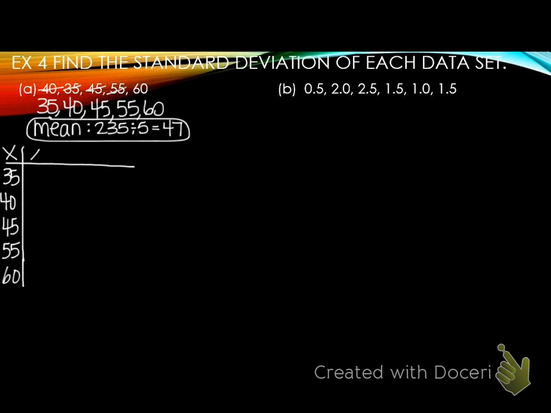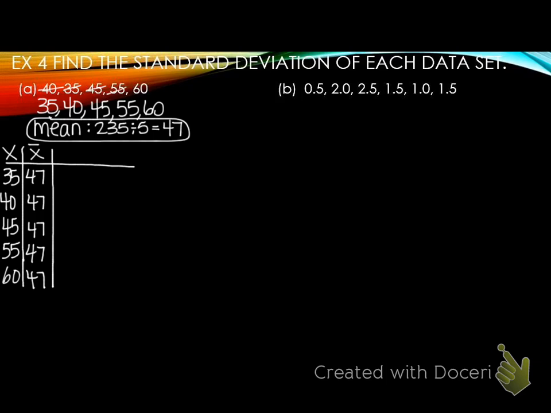Now the second row is going to read an x with a line over it, which stands for average. What was the mean we already found? 47. So we are going to put 47 all the way down this chart, next to each of those x values. That's column number 2.